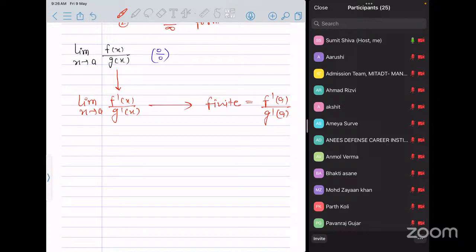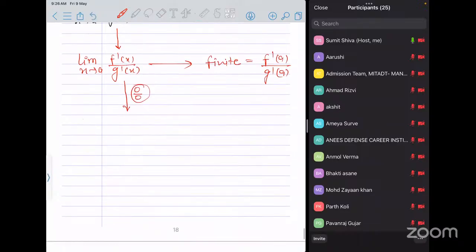But if it is again 0 by 0 form when you substitute a, L'Hopital states that you can differentiate it again. Then again substitute the limit. Either it is going to be finite or it is going to be 0.